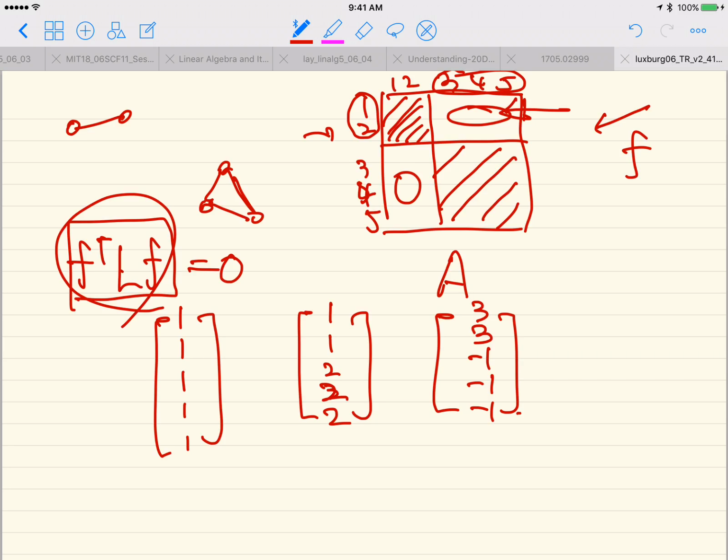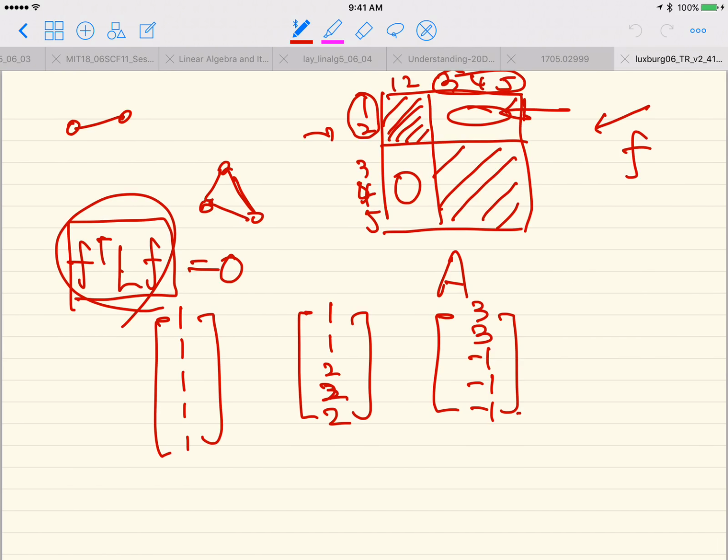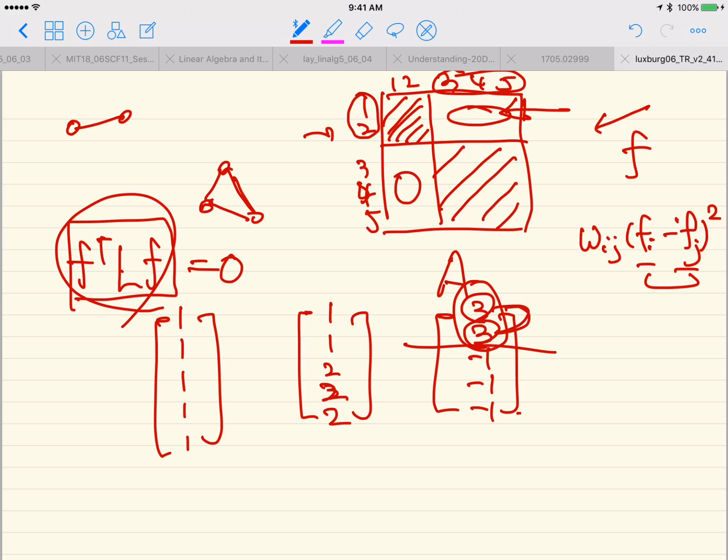So in this case, from this term, w_ij (f_i minus f_j) squared, as long as we have the same values when they have an edge, or within the same group, their values should be the same, but we don't need the same values between nodes in different groups, right?